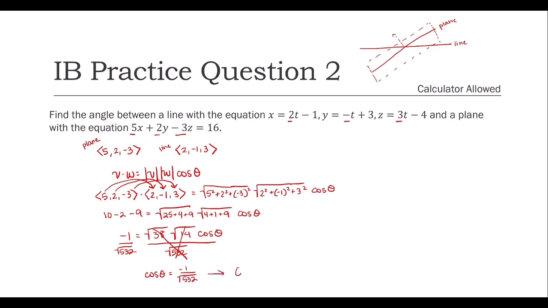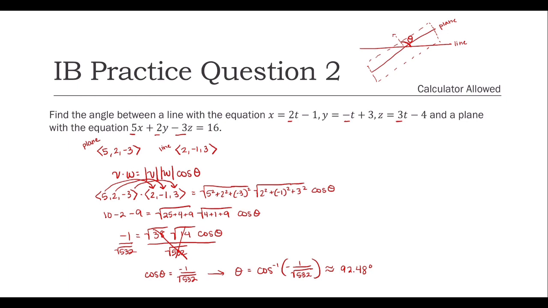So our theta equals the inverse cosine of -1 over the square root of 532. So if we plug that into the calculator, we get that theta is approximately 92.48 degrees. So we solved for theta, and we solved for our angle that's greater than 90 degrees. So this is theta.